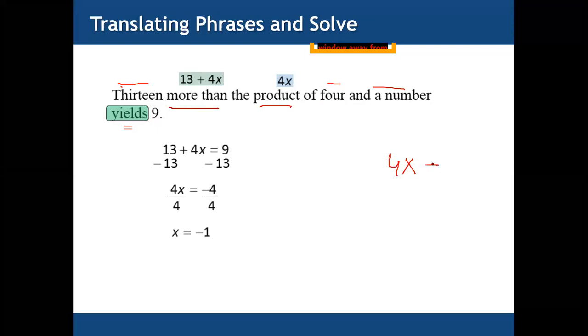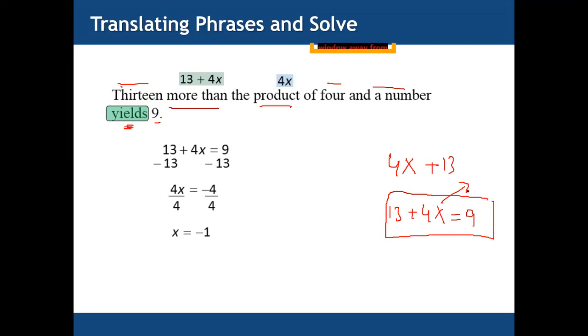So you can write like this: 13 plus 4x equal to what? And a number yields 9. You know that "yields" we use for equation, so 9. How can we solve this? How can we find the value of x? Just wait for it. We will solve this equation and find the value of x.